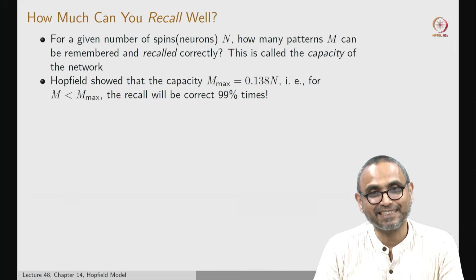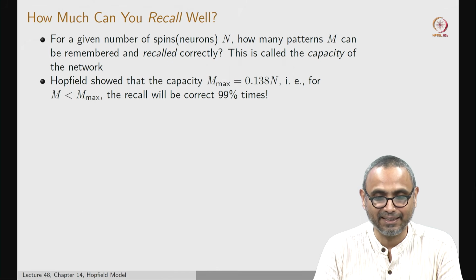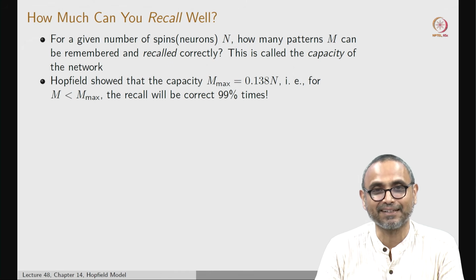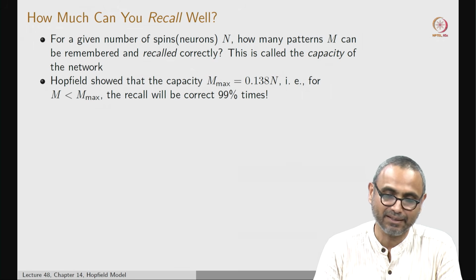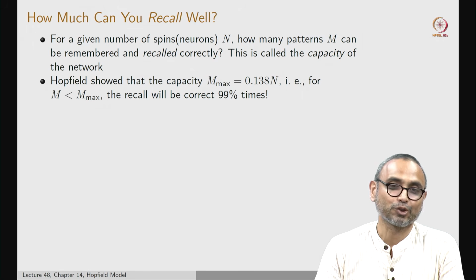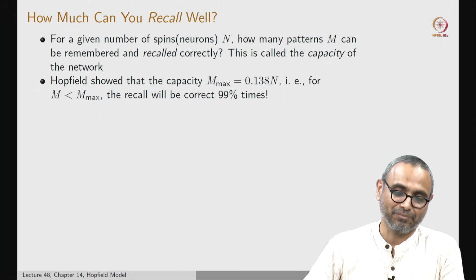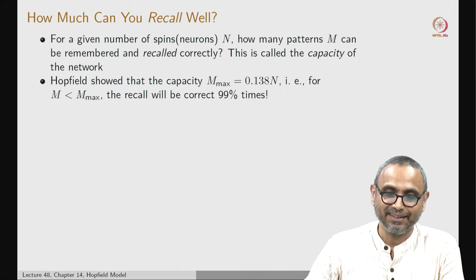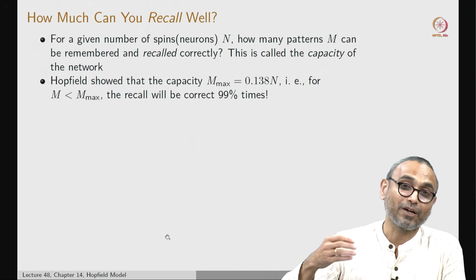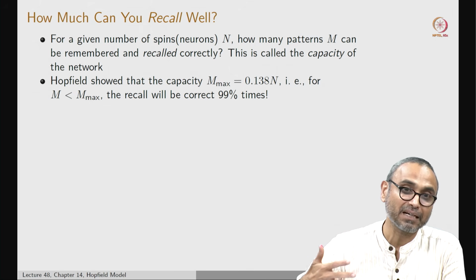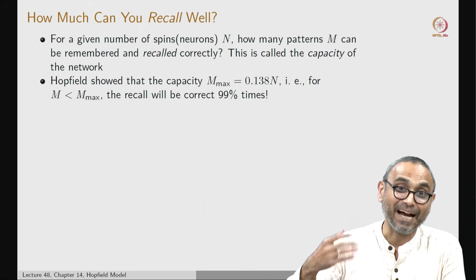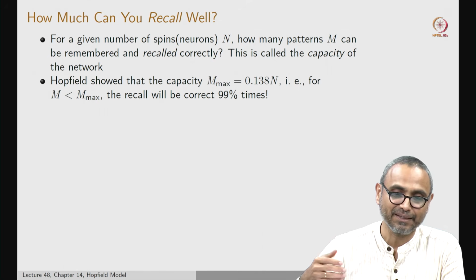So this was a question that was asked very early on in this area, and Hopfield and many related works went on to show the capacity of such a network. Capacity means the maximum number of patterns it can remember reliably.